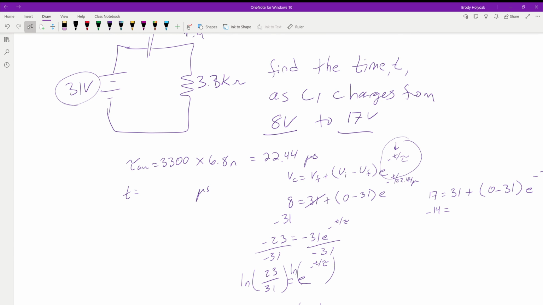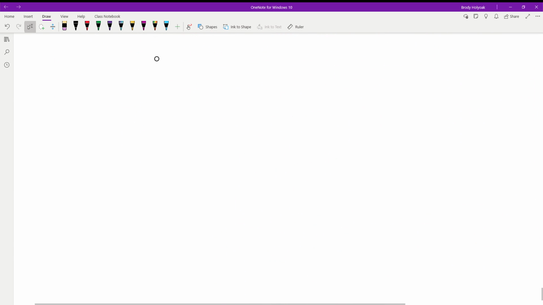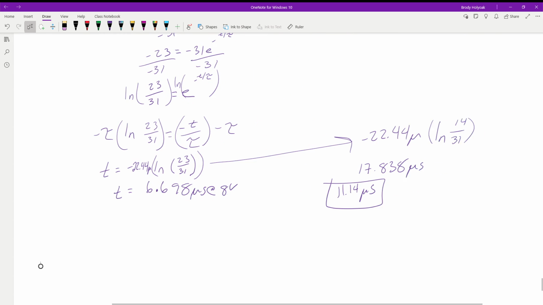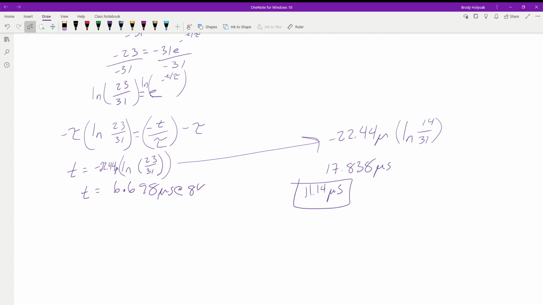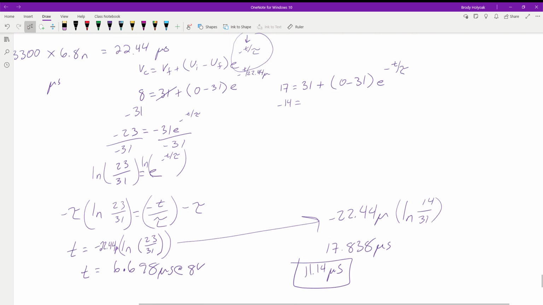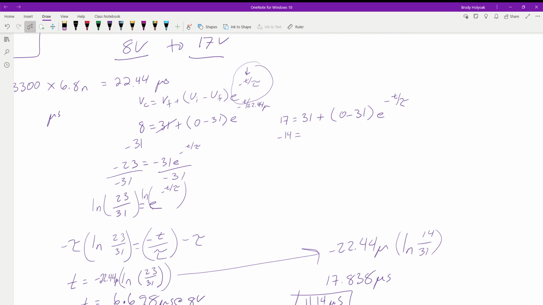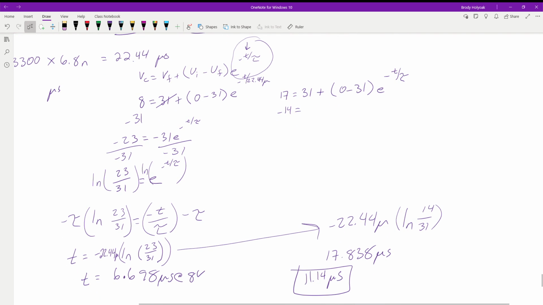Okay. What is the answer to this one again? This one, the final answer comes out to be 11.14 microseconds. Oh, of the overall answer, but of the answer for the 17 volts. Okay, so that's what we do. Yeah. I thought we took 17 minus 6, the 6 value that we got.